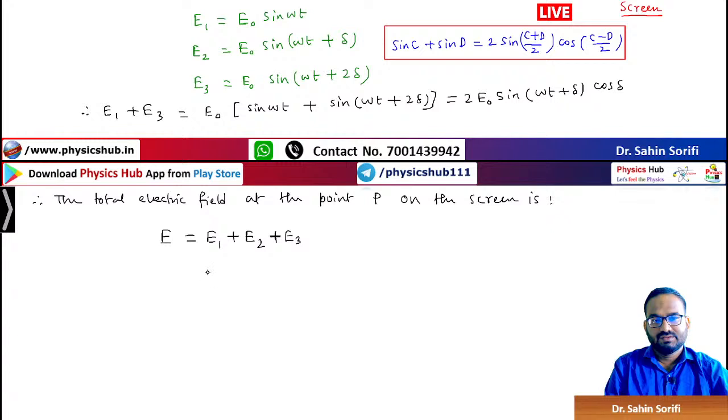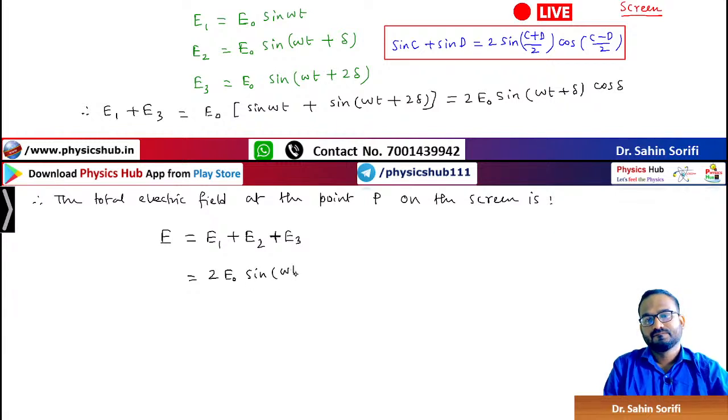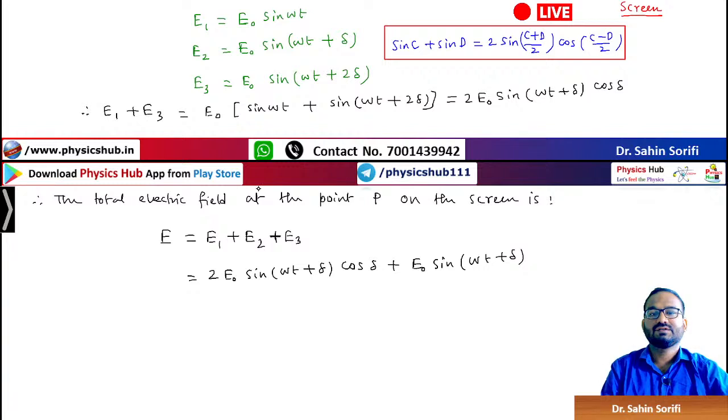E1 plus E3 we have already calculated, that is 2 E naught sin(omega t plus delta) cos delta, plus E2, which is E naught sin(omega t plus delta). That is the reason we took E1 and E3 first, because we get a common term sin(omega t plus delta).